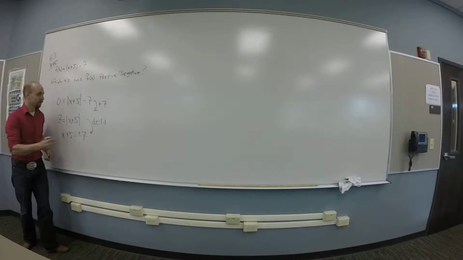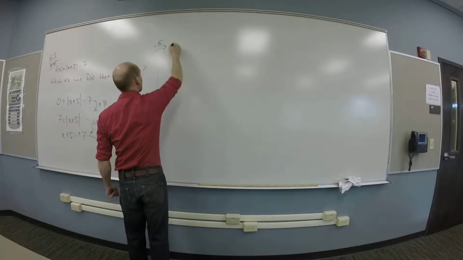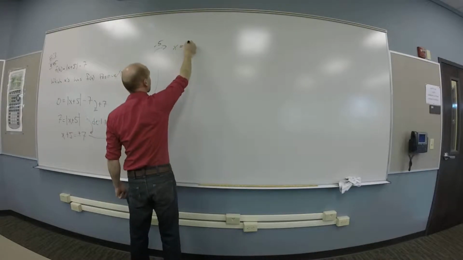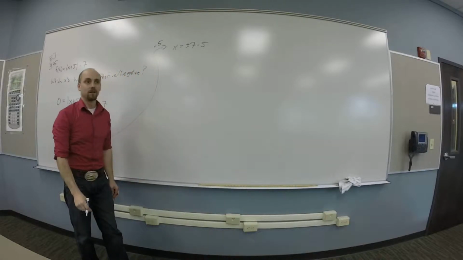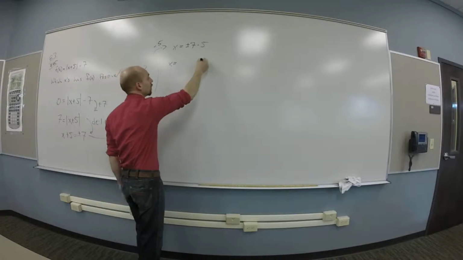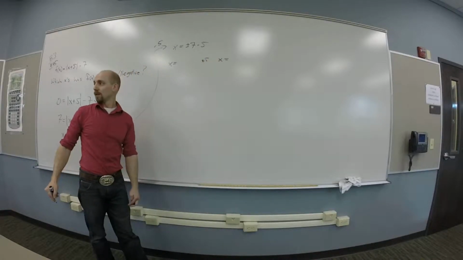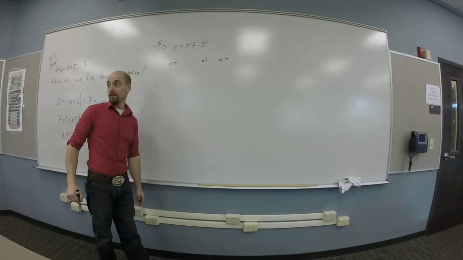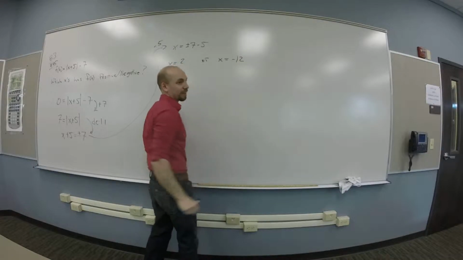All right, what do I do with this? I should subtract 5 from both sides. So I subtract 5, I get x is plus or minus 7 minus 5. So the x's are something or something: 2 or negative 12.